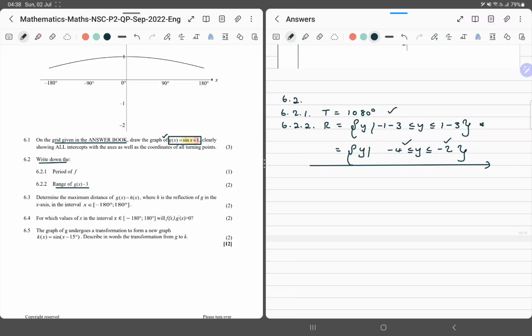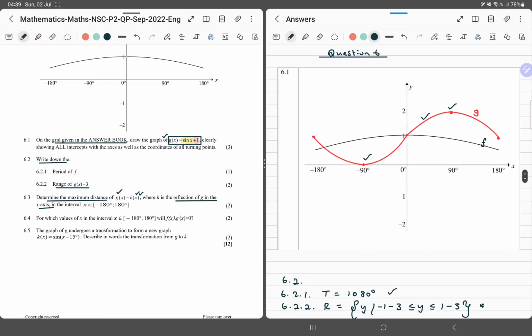Okay. So now 6.3. It says determine the maximum distance between the graph of g and the graph of h of x, where h is the reflection of g in the x-axis for that interval. Obviously, that would mean this turning point, if we're reflecting it, should be sitting at 0 right here. And that one should be going to 1 over there.